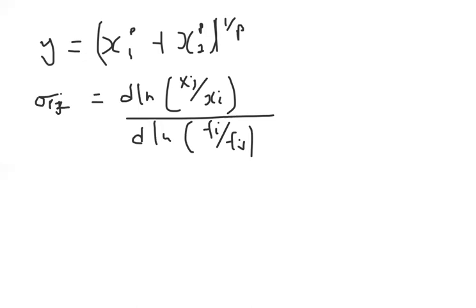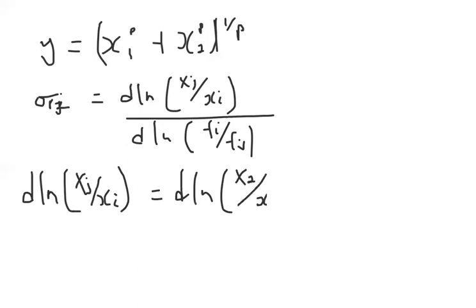Let's look at the first part, d ln(xj/xi). Let's say we are using input 1 and input 2, then that means d ln(x2/x1).